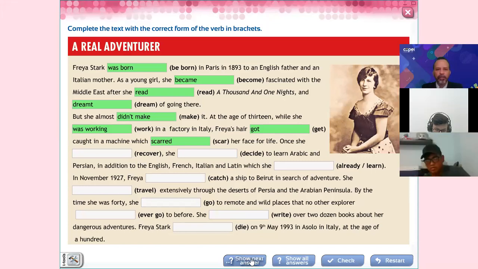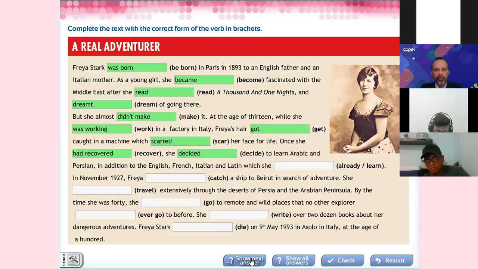Once she, continue. Camila, once she recovered, she decided to learn Arabic and Persian, in addition to English, French, Italian, and Latin, which she had already learned. Had already, no, because you just had already learned.